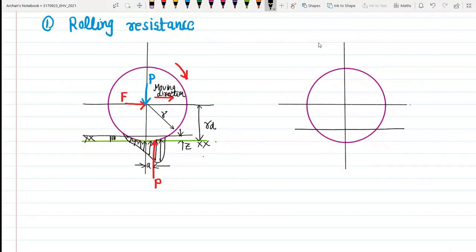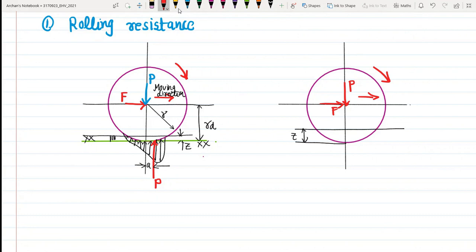Now whenever we are on the soft surface, this will be the case. The clearance will be quite large. This is my clearance Z. What will happen in this case? This is the force we are applying, this one is the pressure, and this is my moving direction, such that the wheel will move in the clockwise direction.